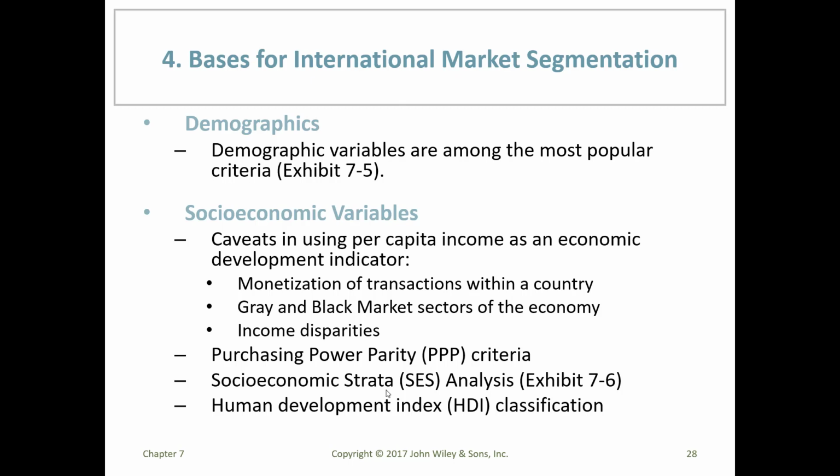We talked about how India has a pretty low GDP per capita, but within the 1.3 billion people, there's a big middle class of 200 to 300 million, which can afford consumer products. We could look at socioeconomic strata analysis, where we split the country into different classes based on purchasing power, and analyze the relative size of the upper class, the middle class, the upper middle class.